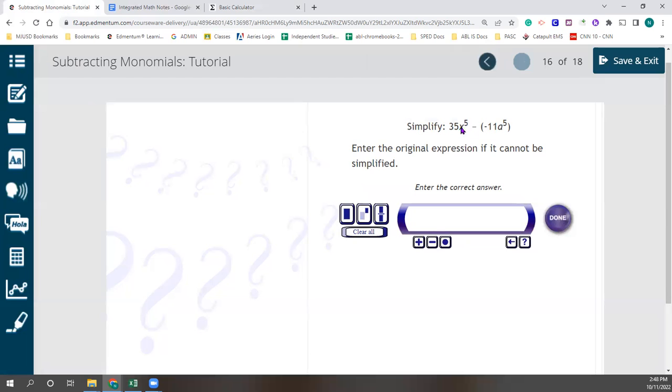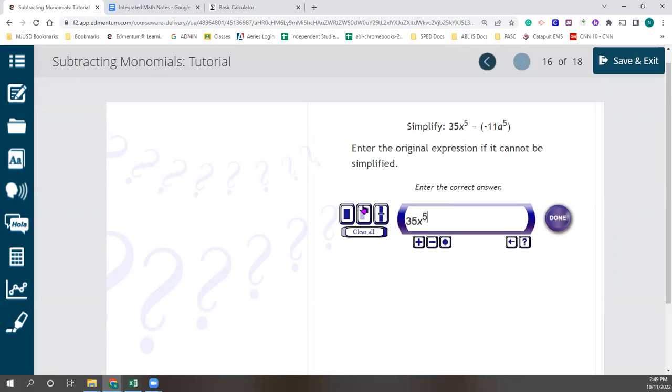This part is a warm-up, teaching you. 35x squared minus negative 11a^5. I can't simplify them because the terms do not match. They are not like terms. So I need to put exponent 5, minus.